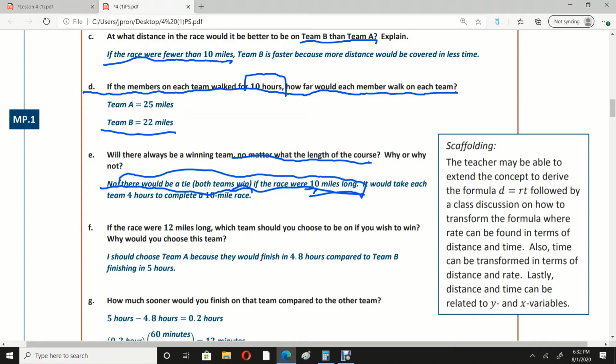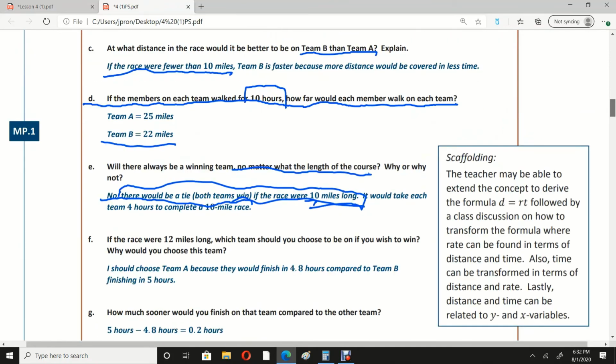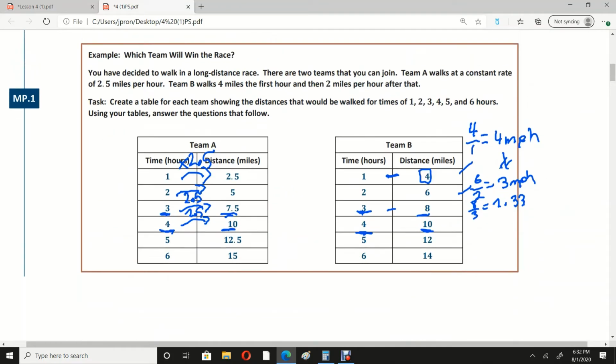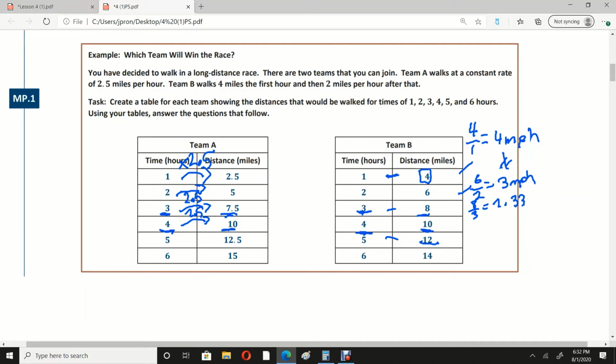If the race were 12 miles long, which team should you choose to be on if you wish to win? Why would you choose this team? Okay, so if the race was, let's go back up and we can check on our chart here. If the race was 12 miles long, well, team B is going to take 5 hours. Oh, if the race was 12 miles long, who would win?